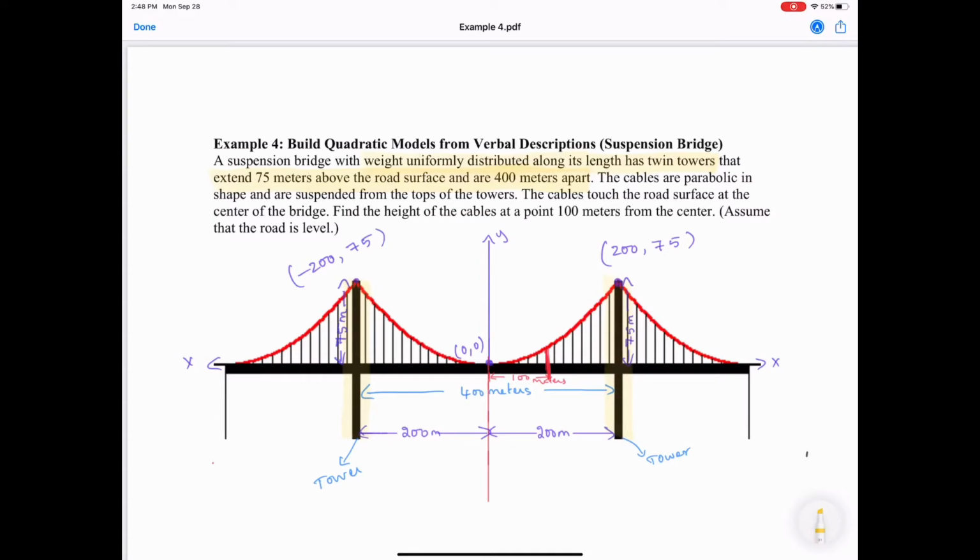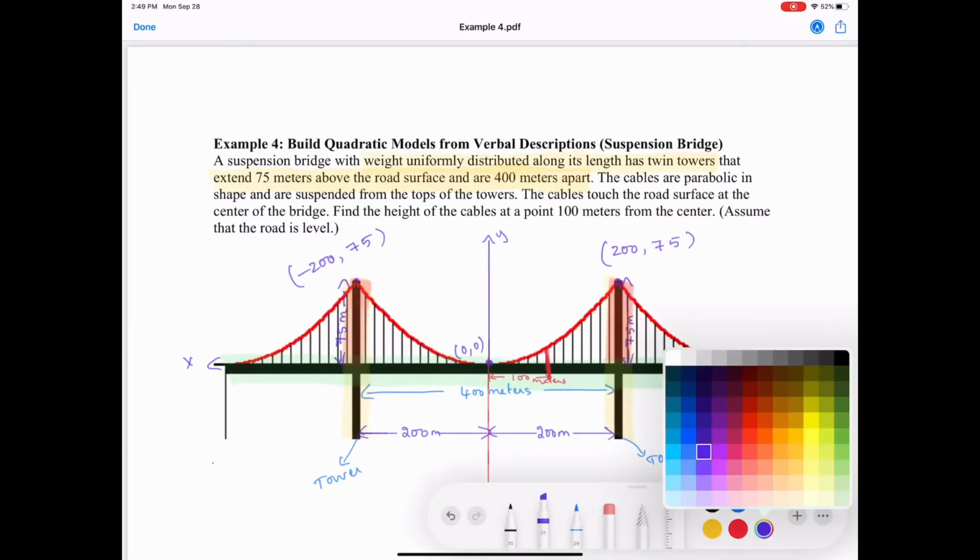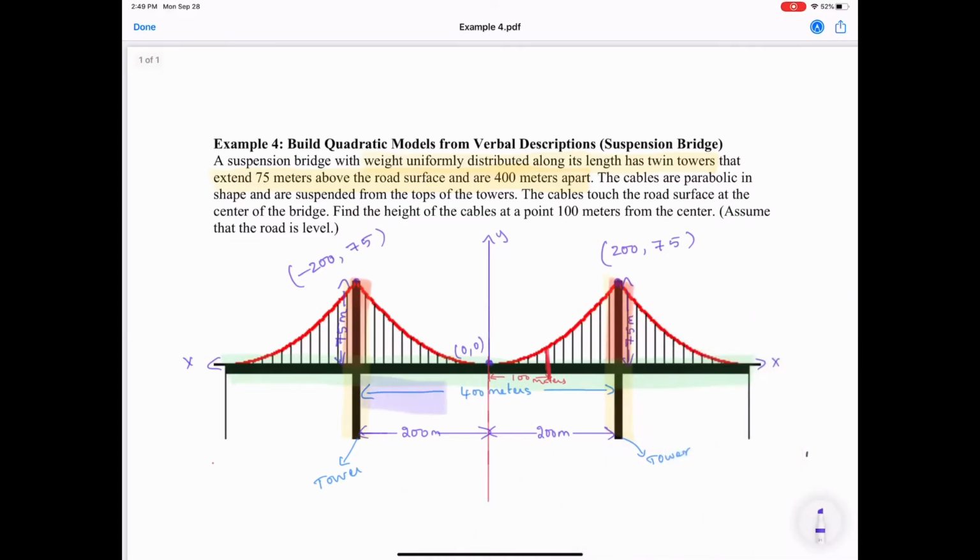Now the height of the tower from the road, this is the road, is given to us as 75 meters. And the distance between the two towers is given as 400 meters. That's the information from the first sentence that I'm taking.